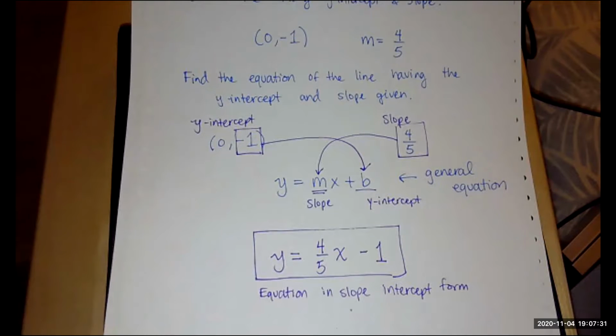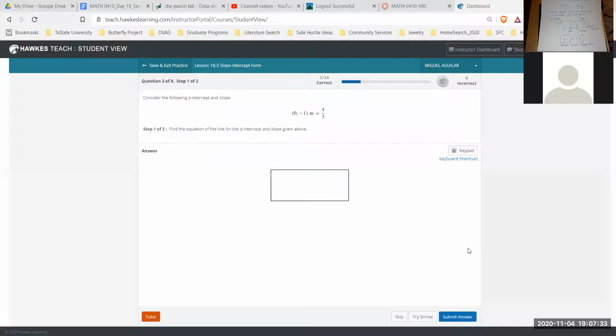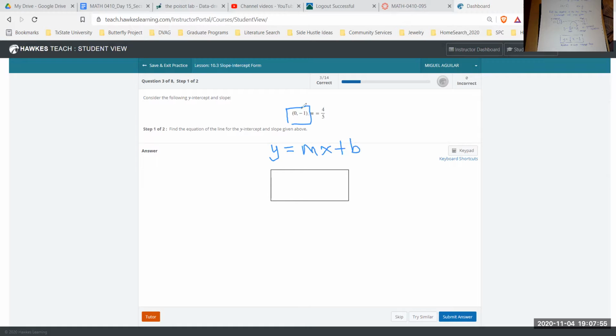So let's take a look at the homework again, right? If I know that they've given me the y-intercept here, and I know that I want y equals mx plus b, then the b must be the -1, and the m they've already given me.